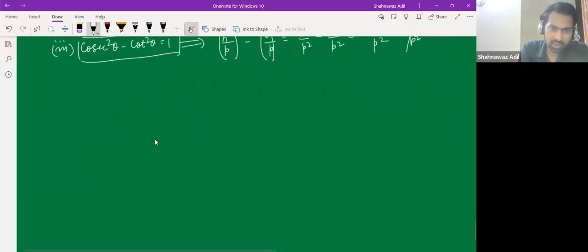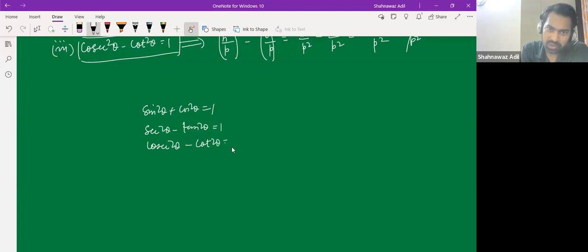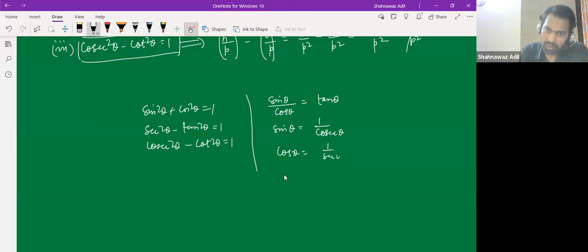So you guys write it so many times, right? And remember these things. So first one, then second one, and then third one. These are the important three identities, and then this relation. Okay, and also this reciprocal one, and then this one.